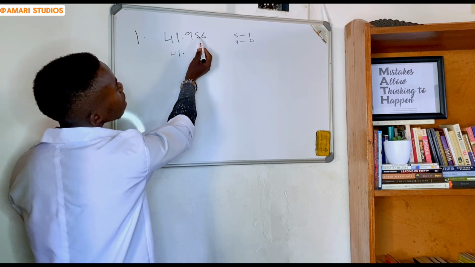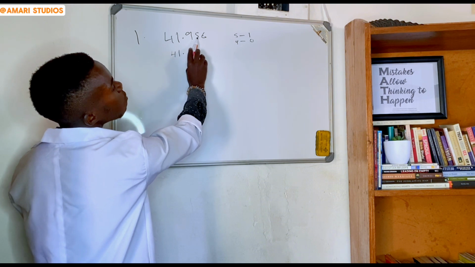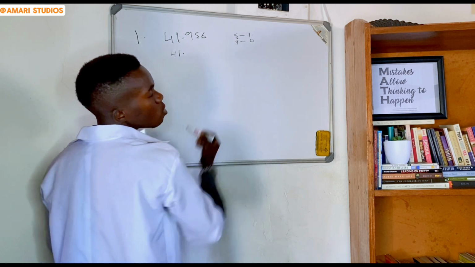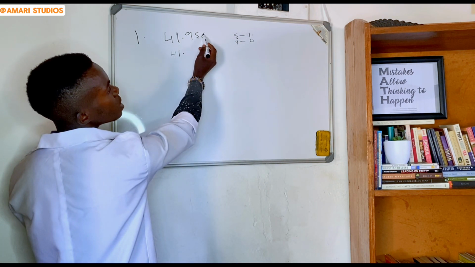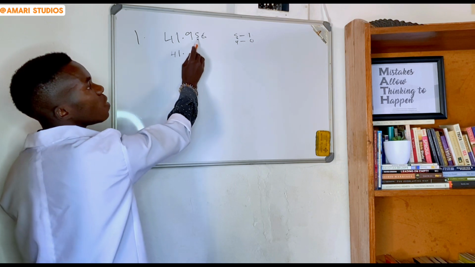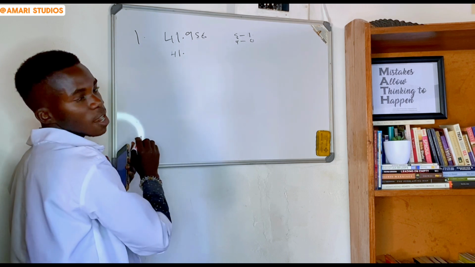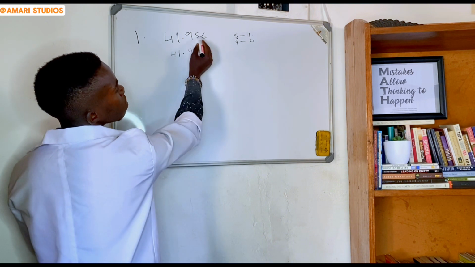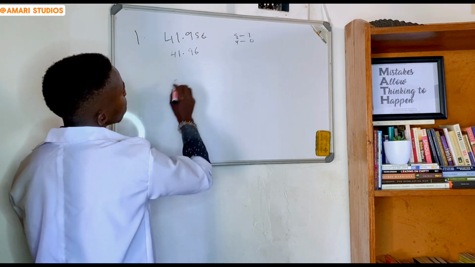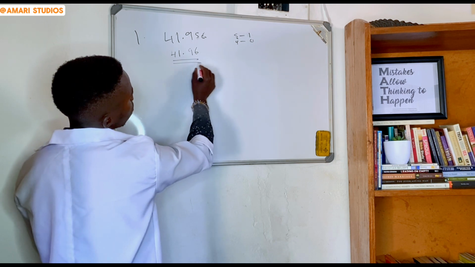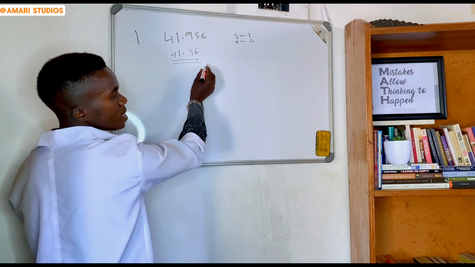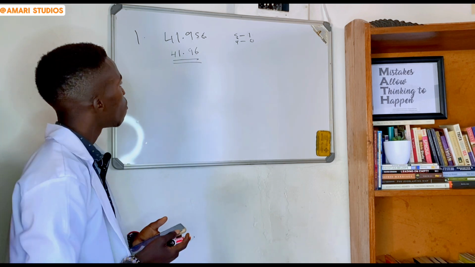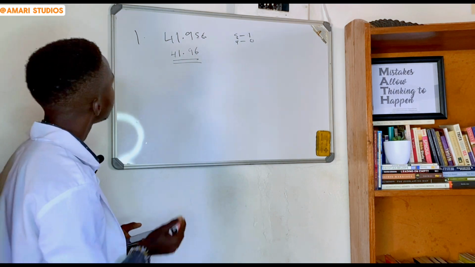Since the number in front of 5 is 6, and any number that is greater than 5 or equal to 5 can be rounded off to 1, we round off this 6 into 1, then add it on the next number, which in this case is 5, making 6. So this is supposed to be your answer, 41.96. They say 2 decimal places, and as you can see, we are left with 2 decimal places. So that's the first question.